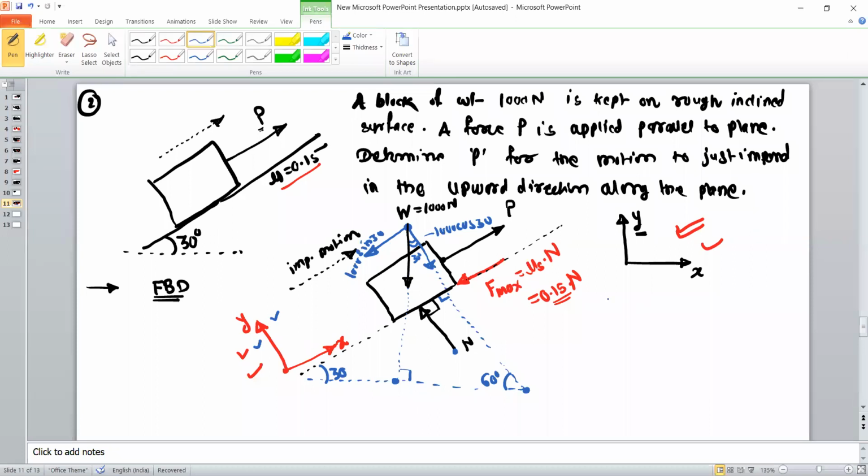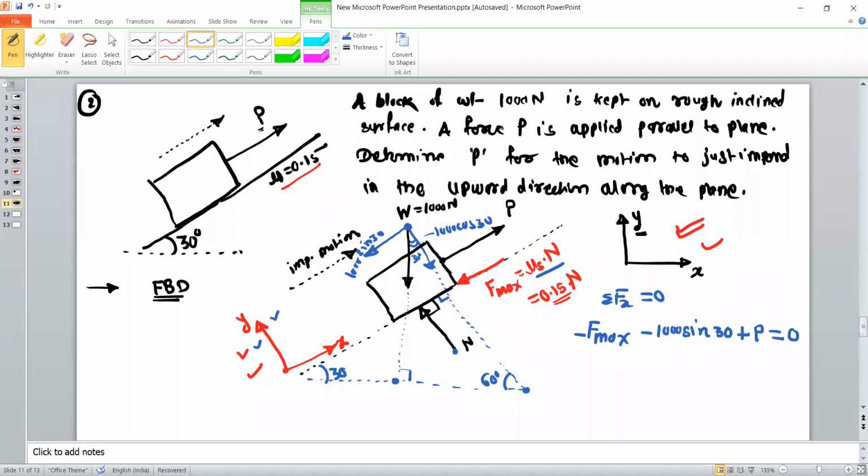Okay. So now use summation Fx equals 0. For summation Fx equals 0, first is the frictional force in the x direction, and it is in the negative x direction. So minus F max, then minus 1000 sin 30, and plus force P, equal to 0.